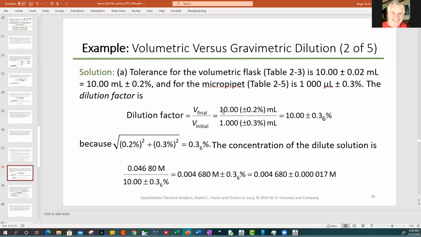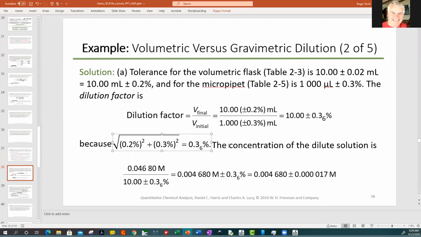So the V final is 10 plus or minus 0.2, and the V initial is 1 plus or minus 0.3%, right? What he's doing here is adding the 0.2 and the 0.3% as a root sum square. You square them, add them together, take the square root, and that gives you 0.036%.